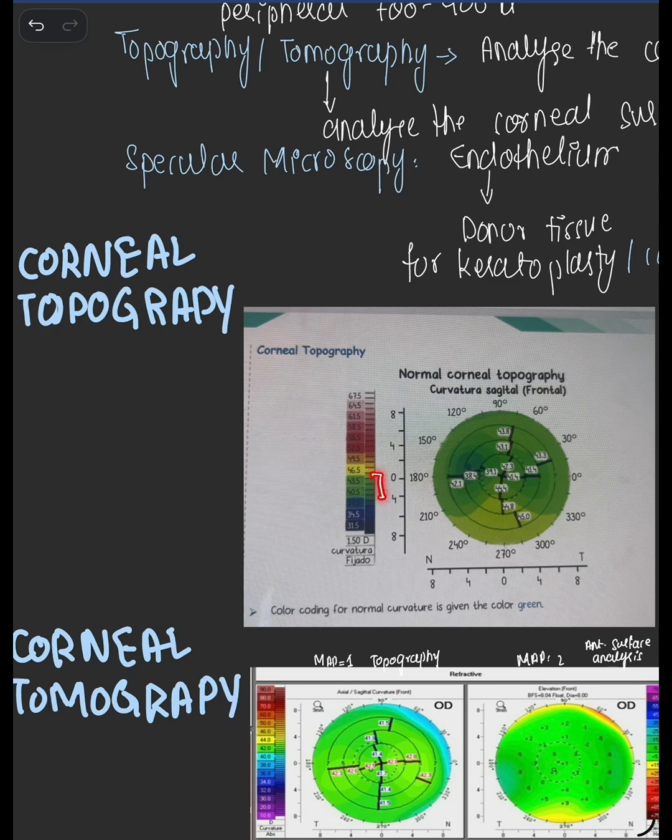Green has the range from 40 to 46, and it is the normal dioptric power of the cornea. This shows that the curvature of the cornea is normal, but if it is in red, higher than the green value, then it shows an abnormality in the cornea. This investigation is called the corneal topography, to analyze the surface of the cornea.